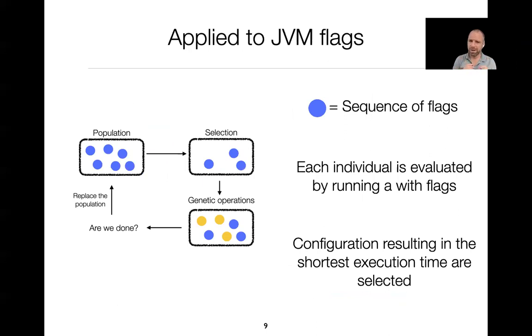So for one blue dot here, we run the benchmarks, and then we identify the times to execute that benchmark. Then the selection picks the best configuration, the one that reduces the execution time the most, and then we combine them, and we iterate over the population.